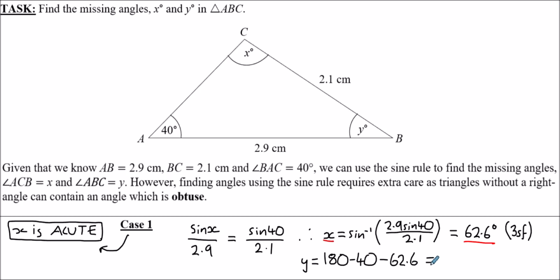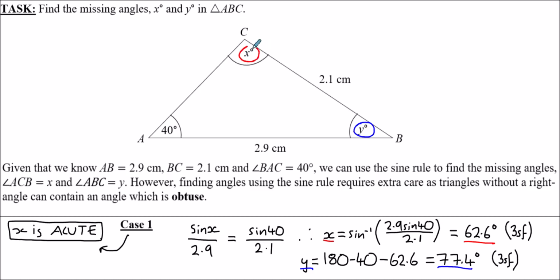Y would equal, in this case, 77.4 degrees. Doesn't look like it. That looks very small. That looks about 20 or 30 degrees to me. But this is what we've got.